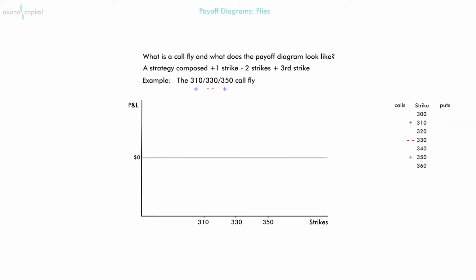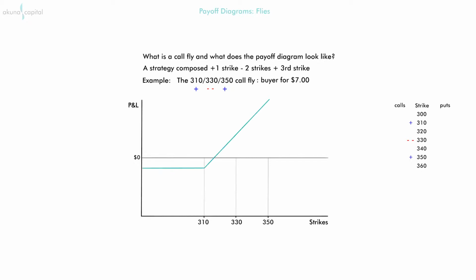I'll add the three strikes that make up the fly on the bottom. And for our example, we'll plot the payoff diagram from the perspective of someone who's paid $7 for this call fly. I won't break down the individual option prices when adding the legs, and will instead go back and use this $7 total strategy price to calculate our max gain, loss, and break-even points.